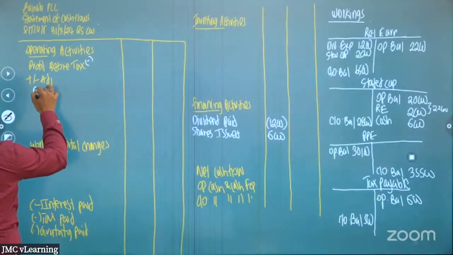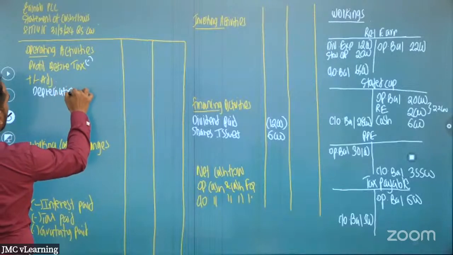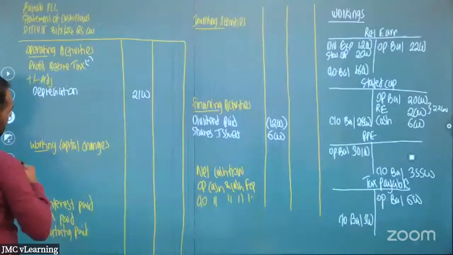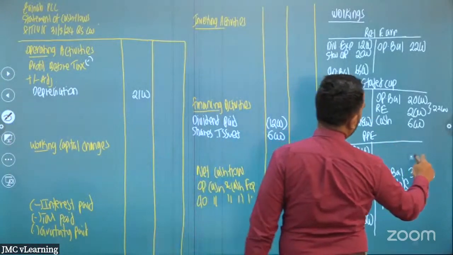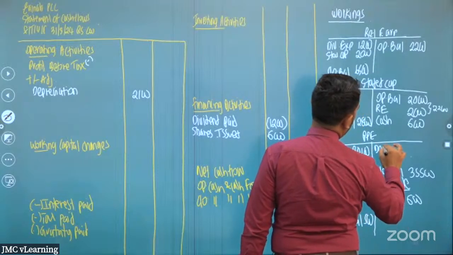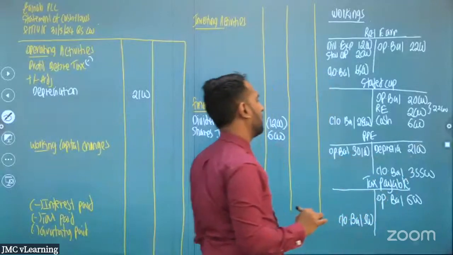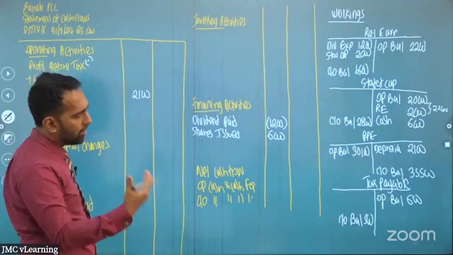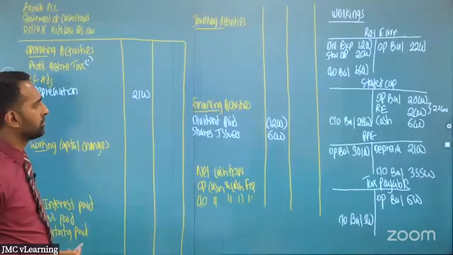So I'm going to add back the depreciation, which is a non-cash expense, 2100. Depreciation is a non-cash expense. Debited to depreciation, credited to PPE account. So I'm going to credit here depreciation 2100. Debited to depreciation expense, credited to accumulated depreciation or the PPE. Right.